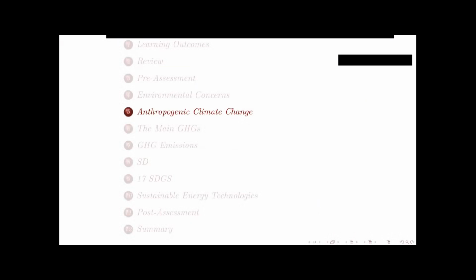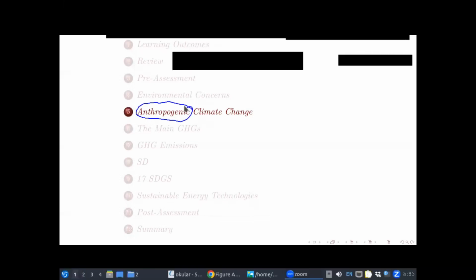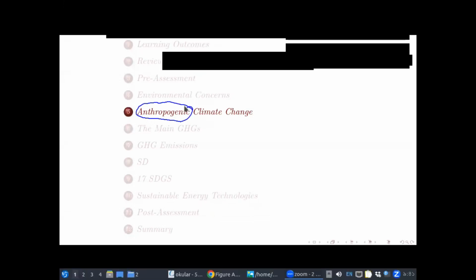Anthropogenic climate change. What does it mean? Who can tell me what this word, anthropogenic, means? Any idea? Anthrop. Have you ever heard?